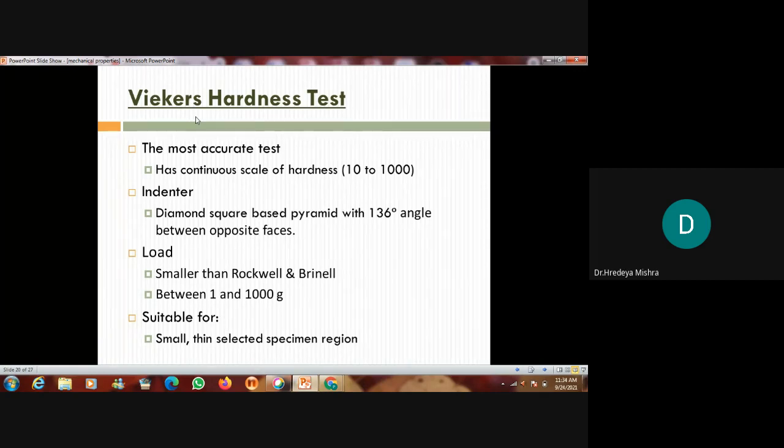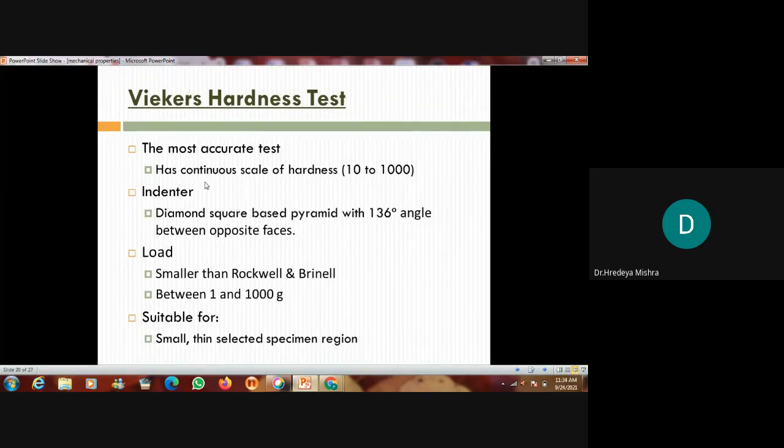The indenter is a diamond square-base pyramid with 136 degrees angle between opposite faces. The Vickers test is more accurate than the Rockwell and Brinell tests because of the huge range, 10 to 1000.